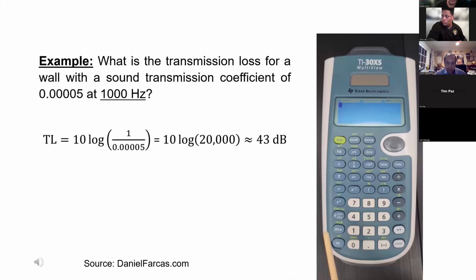For example, what is the transmission loss for a wall with a sound transmission coefficient of 0.00005 at 1000 Hz? The transmission loss equals 10 times logarithm of 1 divided by 0.00005, which equals approximately 43 decibels.